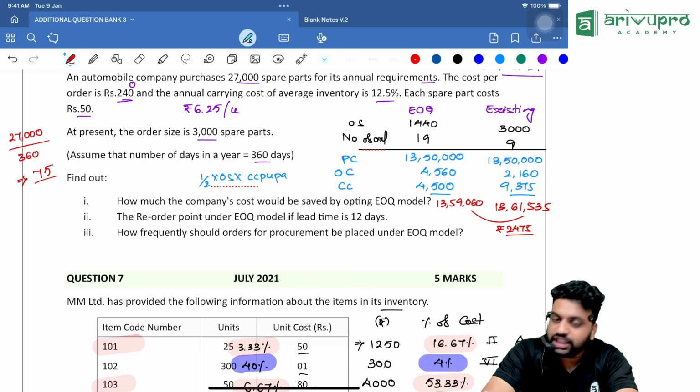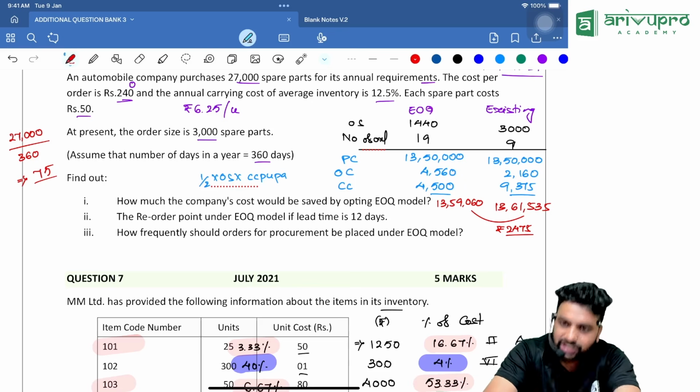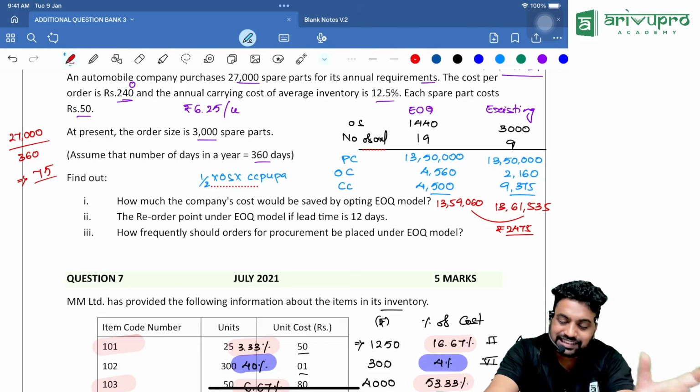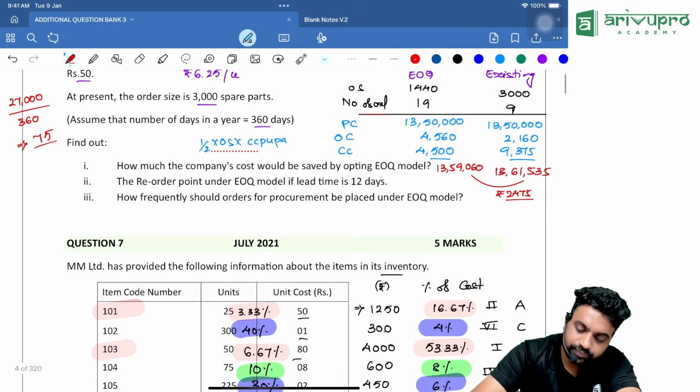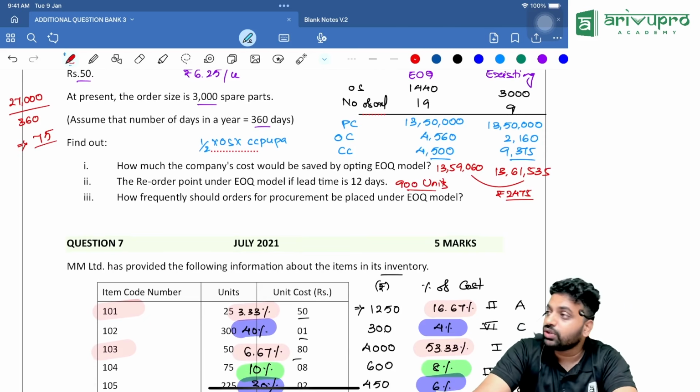In the given question, they have given average consumption. They are not talking anything about the maximum and minimum. Moral of the story, this 75 itself will be the average, minimum, maximum. So 75. Lead time also same rule applicable. And they have told it as 12 days, which means 75 into 12. 900 units.